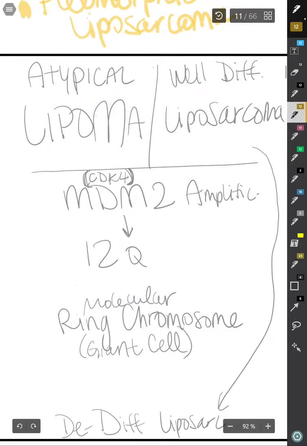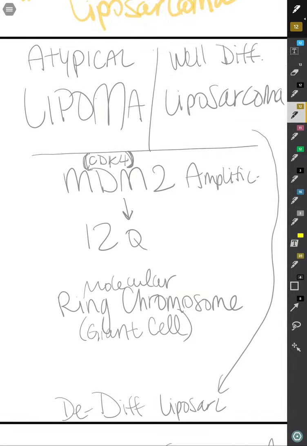So starting off, we have our atypical lipoma / well-differentiated liposarcoma. As the name implies, well-differentiated means that you have things that look like mature fat going on. But what's different about this is that there are fibrous septa, like these pink collagenous bands that creep through the fat, which normally, if it's fat, is just a whole bunch of round vacuoles that are completely cleared out.